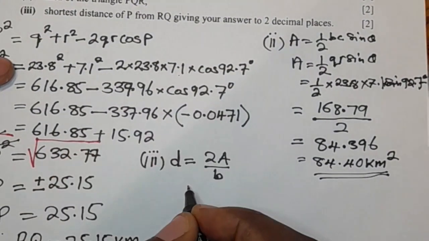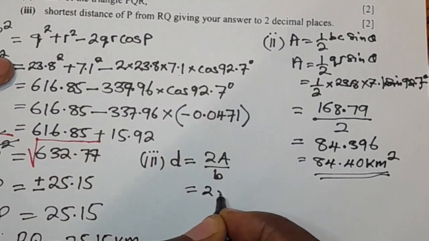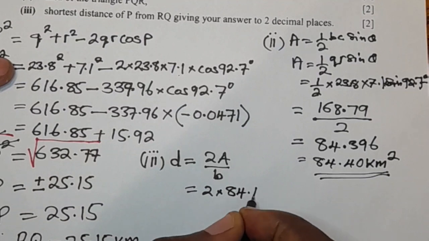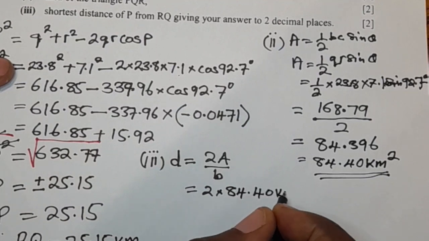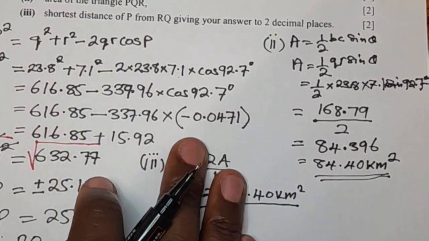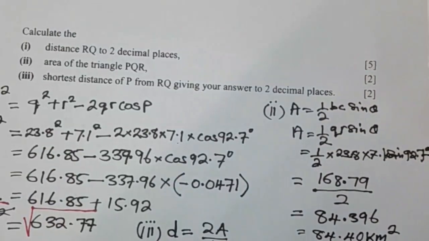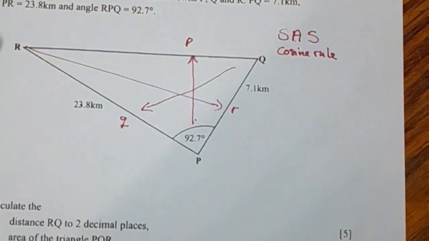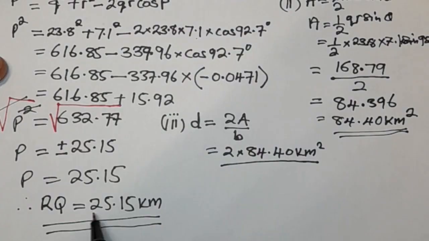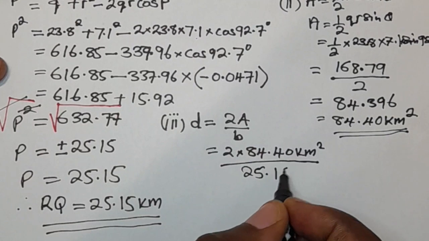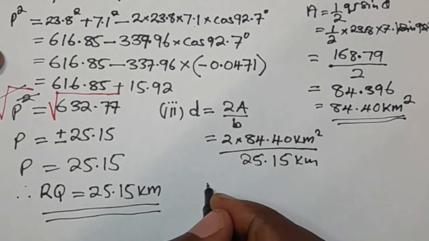So we're going to say 2 times the area. We found that the area is 84.4 square kilometers divided by the distance RQ, which is P. We found that it's 25.15 kilometers.